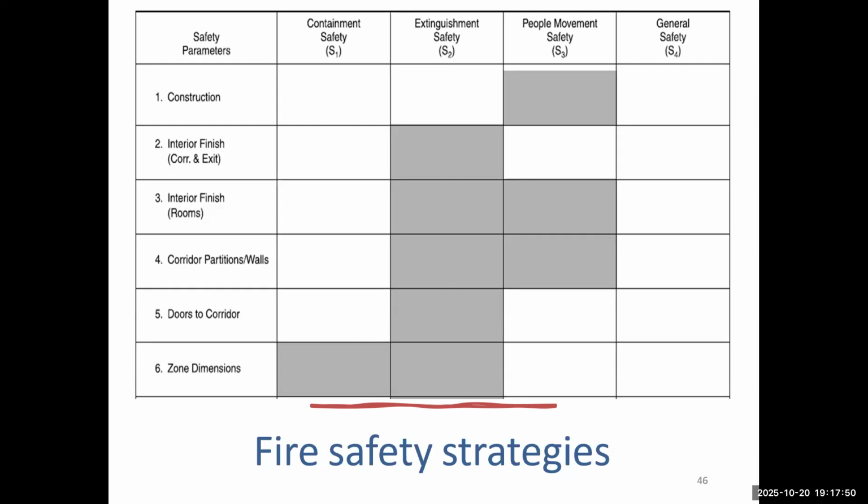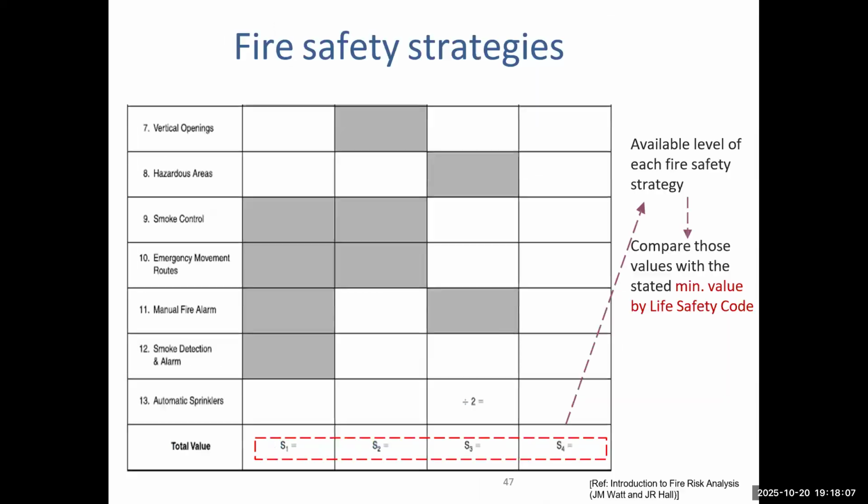S1 is for our containment, S2 is for our extinguishment safety, and S3 is for our people movement safety. These totals are then compared against the minimum value required by the Life Safety Code. This ensures that every building demonstrates adequate protection across all three critical safety strategies.